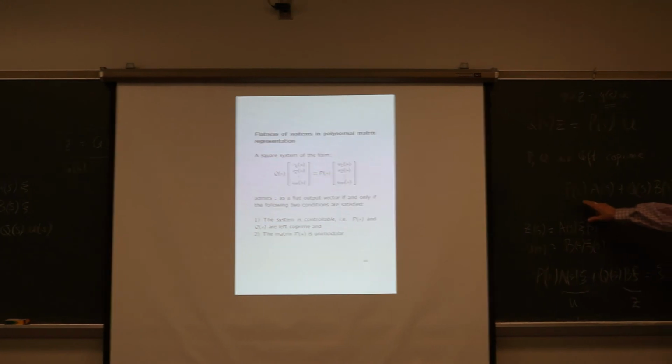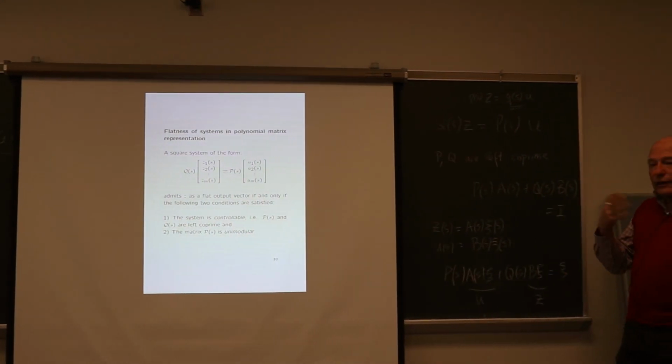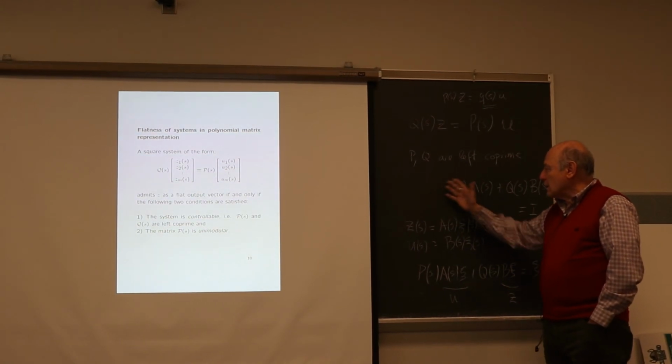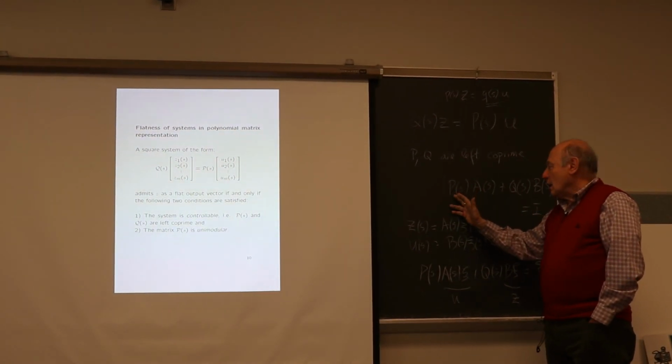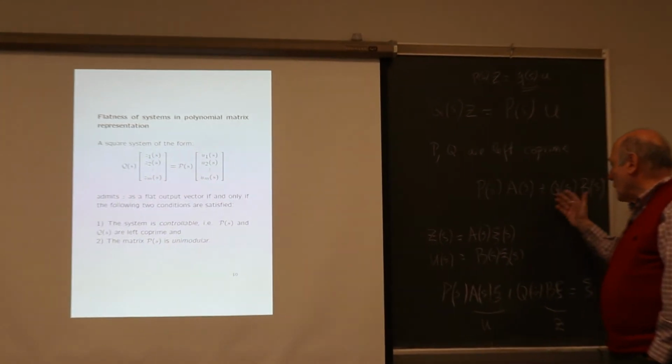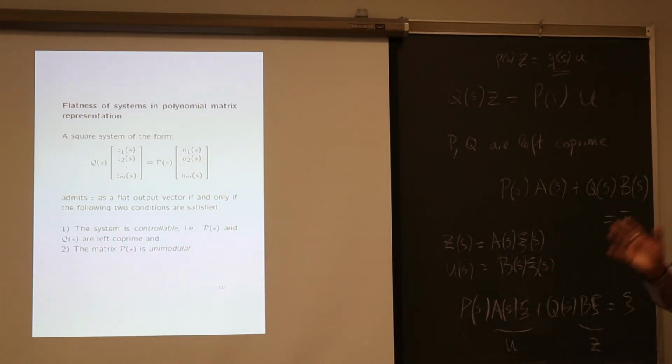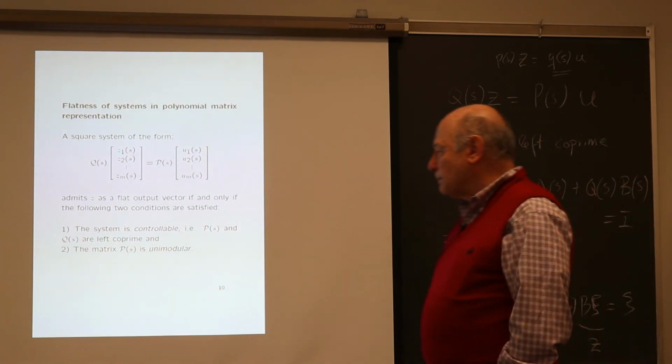By inspection, you can find that P and Q are coprime if they don't have any common matrix factors. If there is a matrix that you can factor out from P, let's call it P0, and you can do the same with Q, and that matrix is a common factor of the two, then that means the system is non-flat.